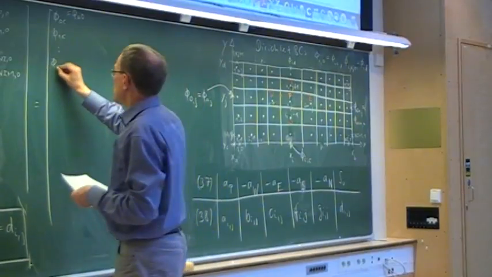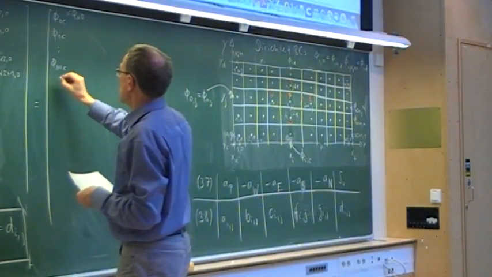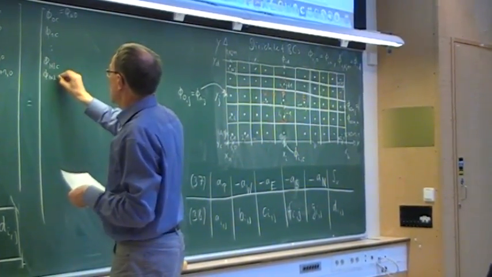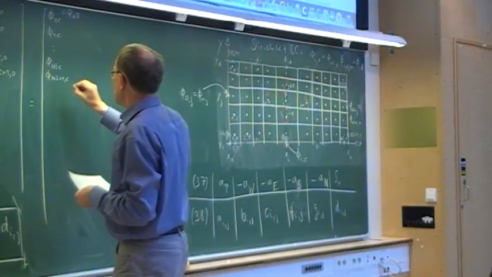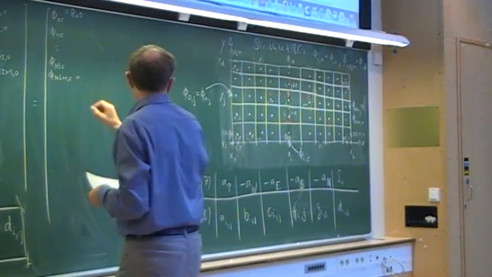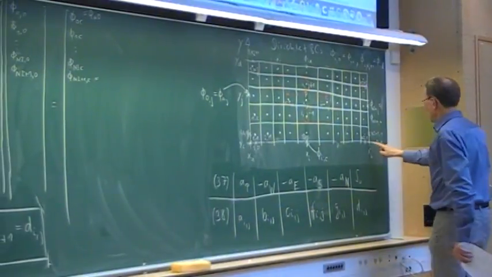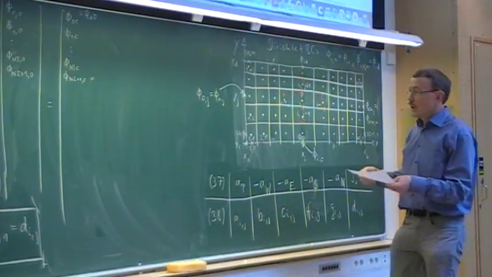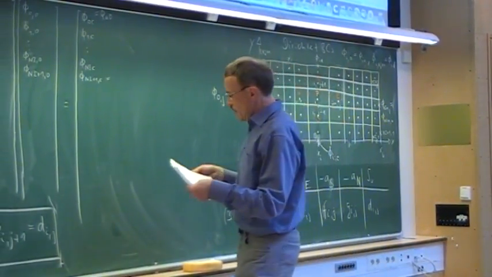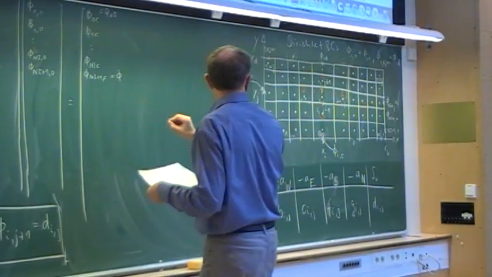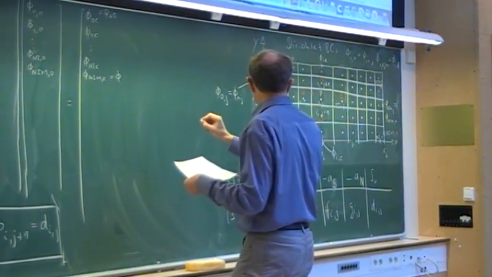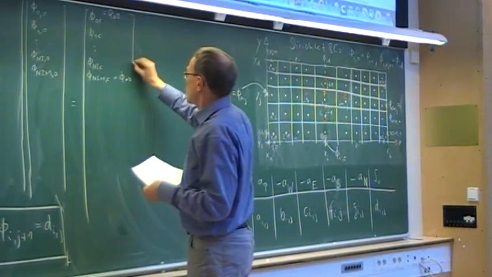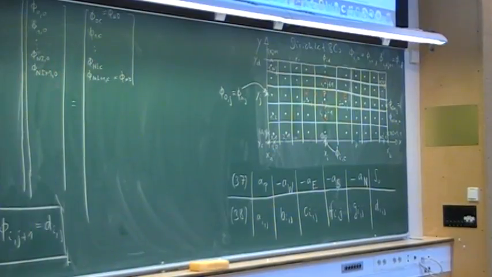So that gets the NIC, and the last one gets the NI plus 1 C, and that is because of the boundary condition here, the same as the B one. So this one here. And that is the same as the phi 0b. So that is what we get from this part here.